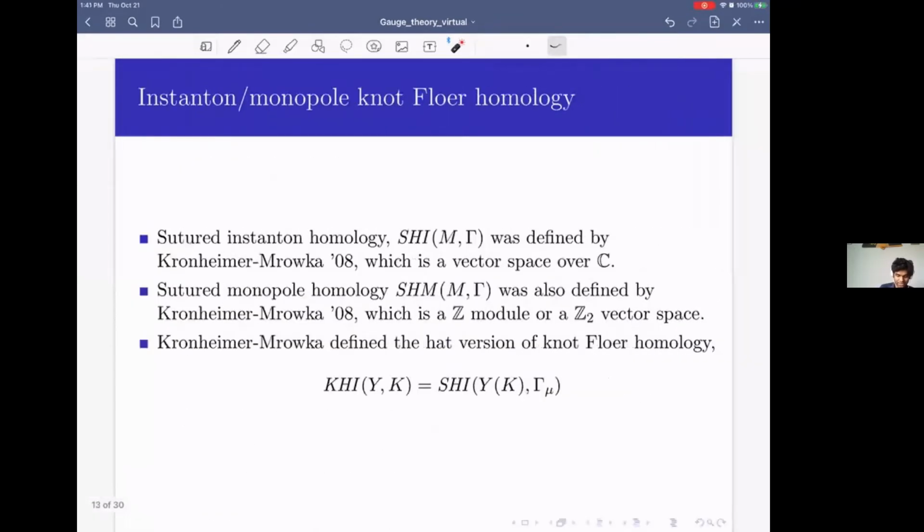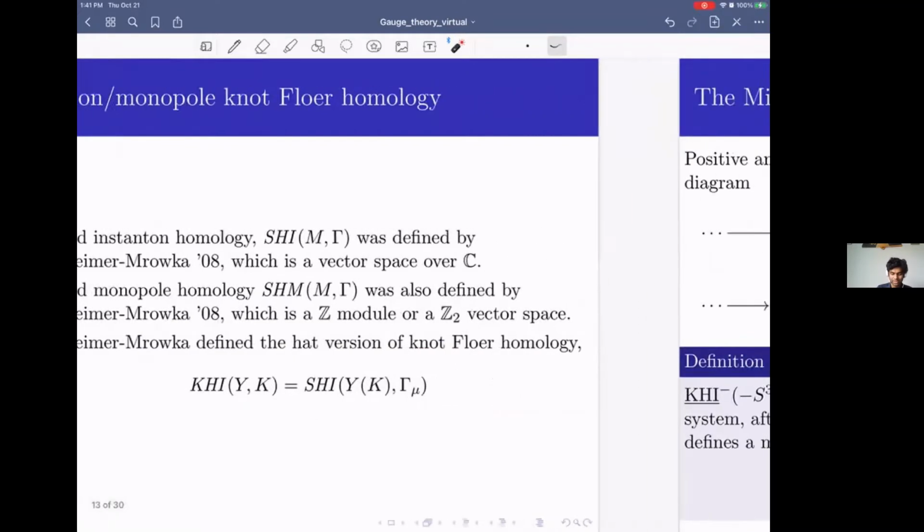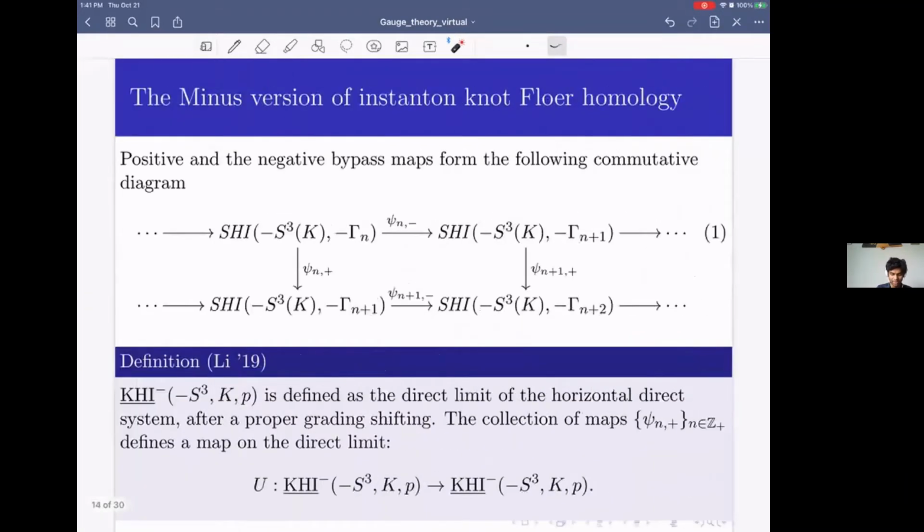Sutured instanton homology and sutured monopole homology were both constructed by Kronheimer and Mrowka. In this case, analogous to the Heegaard Floer side, they defined the hat version of knot Floer homology to be the sutured instanton homology of the knot complement with meridional sutures. Similarly, the minus version was defined by Li.